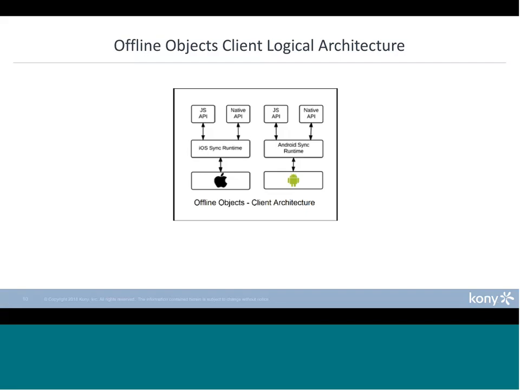It will come out sometime in the future, but currently iOS and Android are GA. So we have written native APIs, and that synchronizes directly with the runtime and through the OS. And we have exposed JavaScript APIs so that you can reuse this functionality from your client applications.